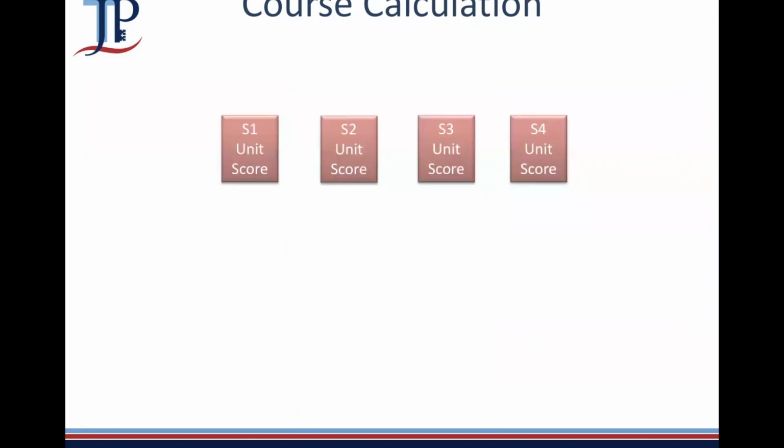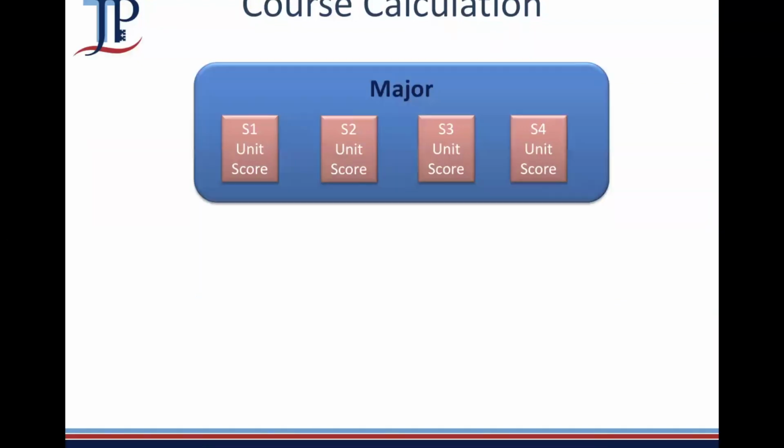So in the end, when we're talking about these course scores, you've got your 4 units. That makes a major. And let's just say these were your results. And it was semester 3 that was not so crash hot, for whatever reason it was.